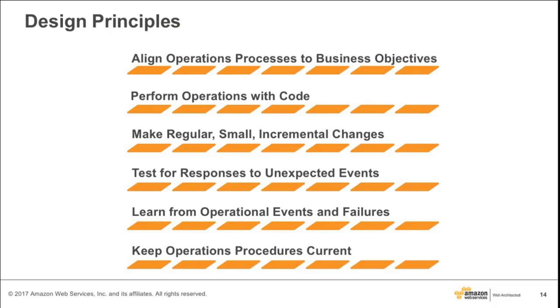So let's look closer at the operational excellence design principles. With on-premise systems, most changes were made by human beings following runbooks that were often out of date. It was easy to become very focused on the technology metrics rather than business outcomes. Because making changes were difficult and risky, they tended to be batched into large releases.